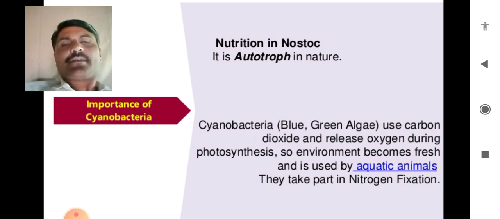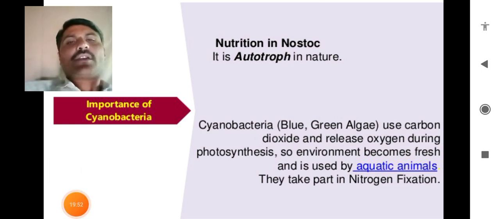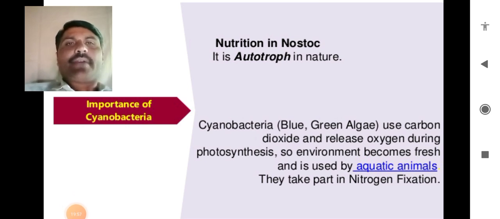So friends, we have gone thoroughly through the Nostoc, and we have seen its thallus structure, its systematic position as well as the reproduction. As we told, the reproduction is by the asexual method and the sexual method is completely absent in the Nostoc.